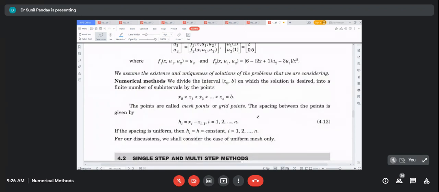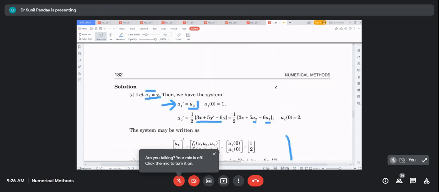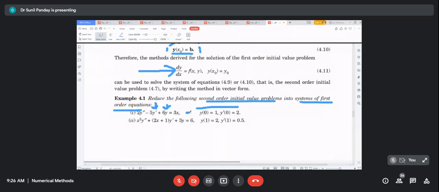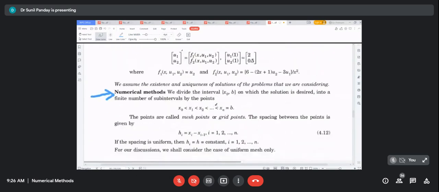Then in these numerical or iterative methods, the initial point x naught is already given to us, and its value of y is also given to us in this kind of problem. You can see y of x naught is given, and someone asks you to find the value of y at the new point b.